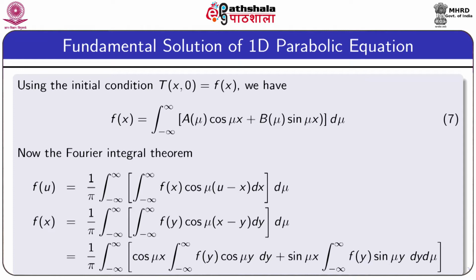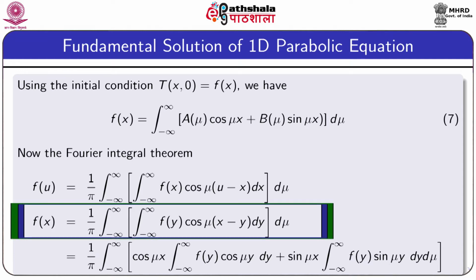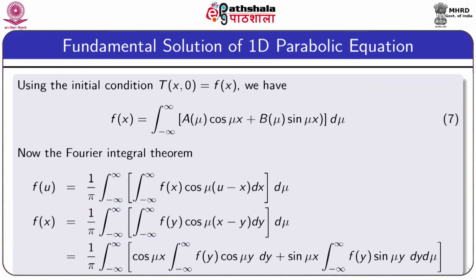So, now replacing u by x and x by y in the previous expression, we get the value of the integral as f(x) equals 1 by pi, 0 to infinity, minus infinity to plus infinity, f(y) cos mu (x minus y) dy d mu.